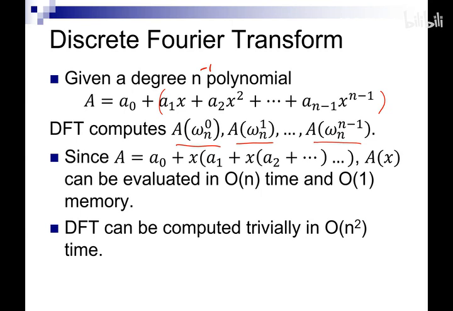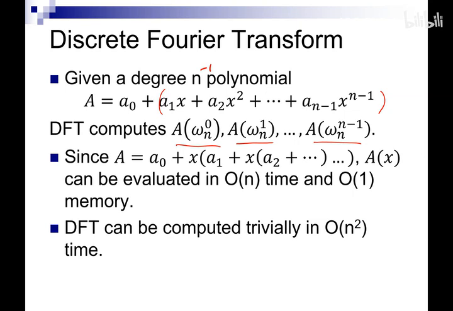And then in order to evaluate a of x, all you need to do is plug x into the innermost set of parentheses in this expression. That gets you a value, you multiply that by x, and then add it to the next a, and then you multiply that by x and add it to another a, and so on. So there are n levels of parentheses over here, and to compute a of x, you just need to do this n times. That's going to take you order n time, and also you use a constant amount of memory for doing that.